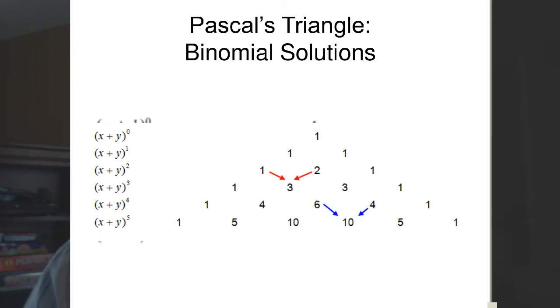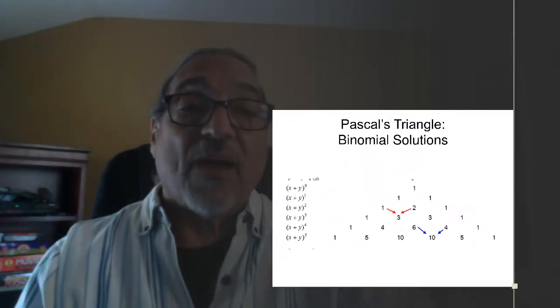And of course, he recognized very quickly that he could fill in the rest of the triangle not just by doing the multiplication of a quantity, but rather he found he could add each of the integers and they made the integer below. So this is called Pascal's triangle.